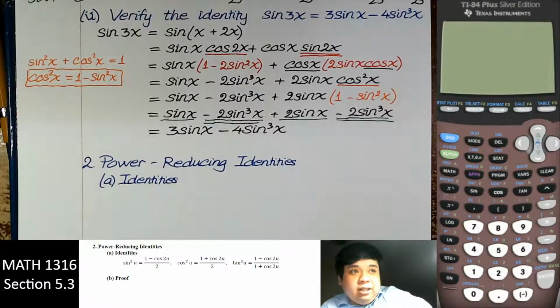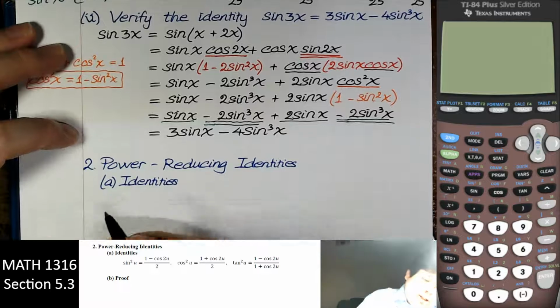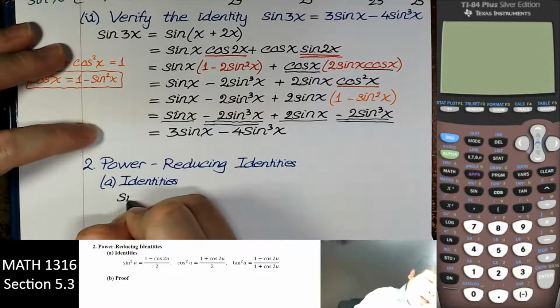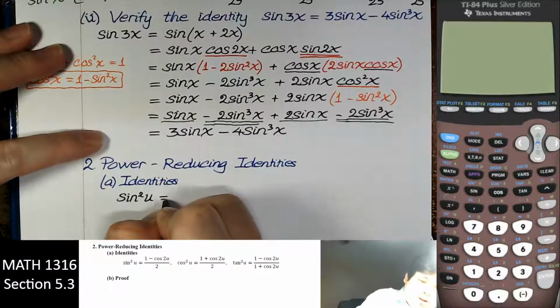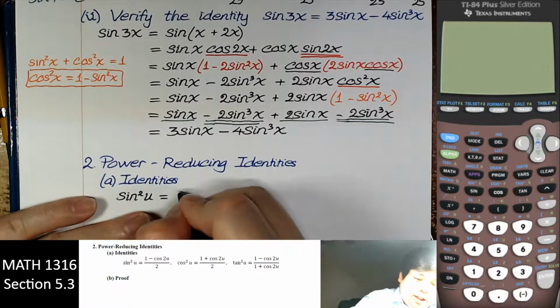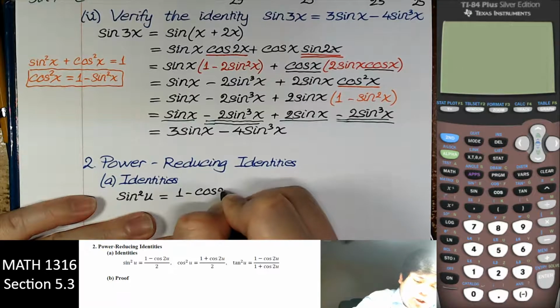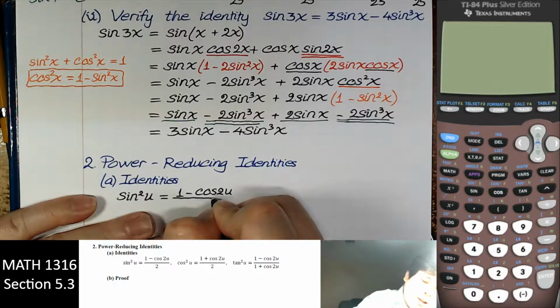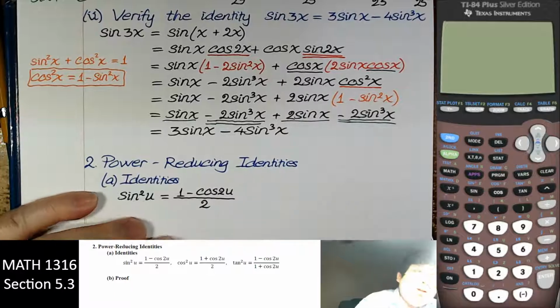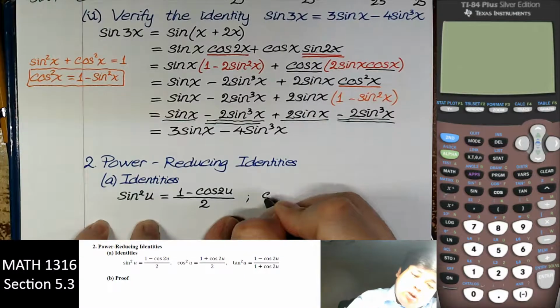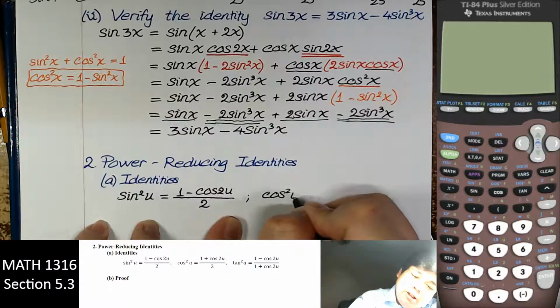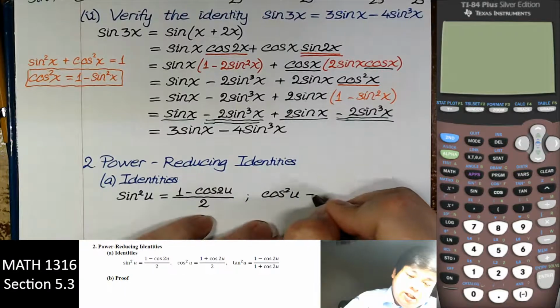So power reducing. If we have a sine square, then we have 1 minus cosine of 2u over 2. If we have a cosine square, this is going to be a plus.